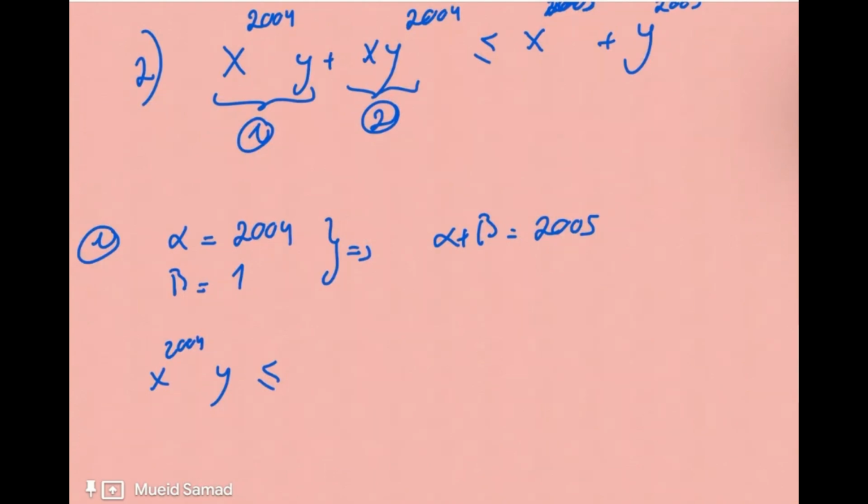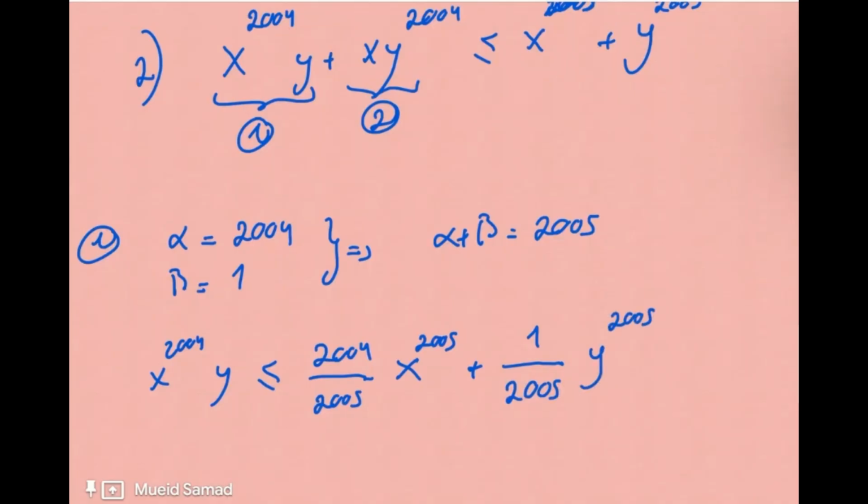So we have our alpha, which is 2004, divided by alpha plus beta, which is 2005, times x to the power of alpha plus beta, which is 2005, plus beta, 1, divided by alpha plus beta, times y to the power of alpha plus beta, which is 2005.